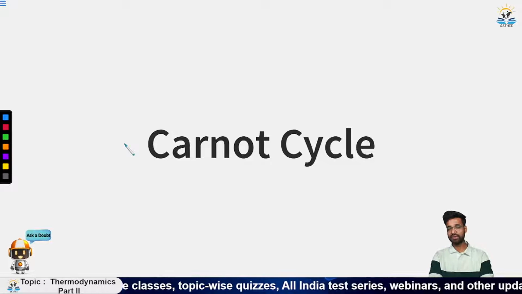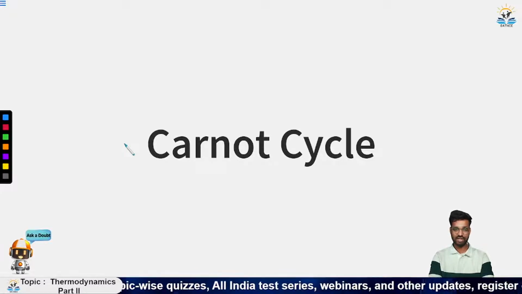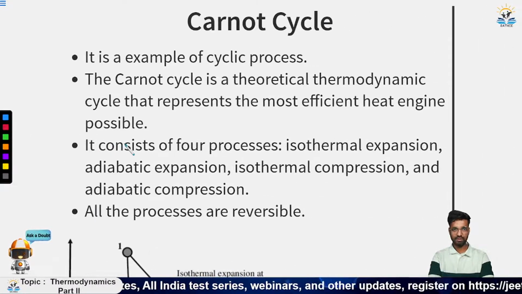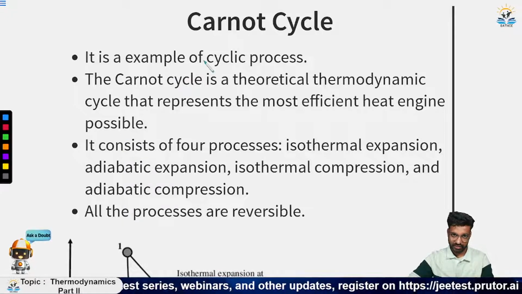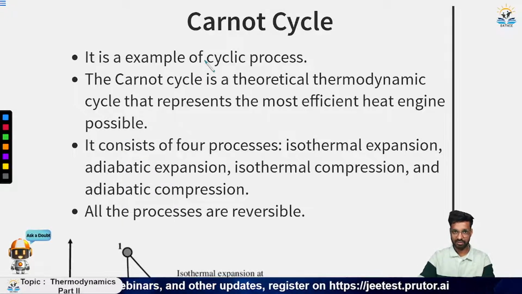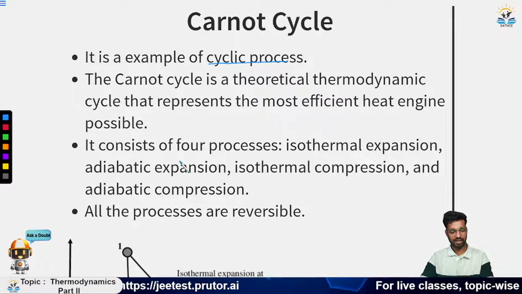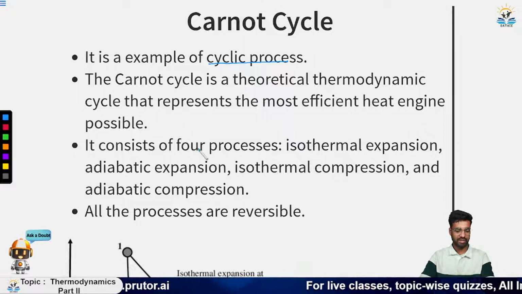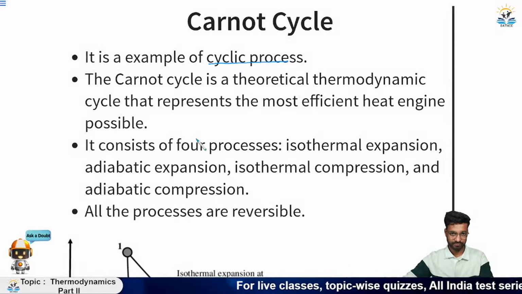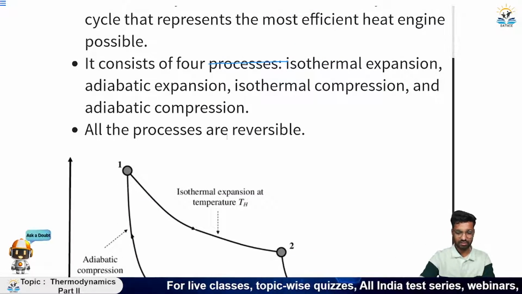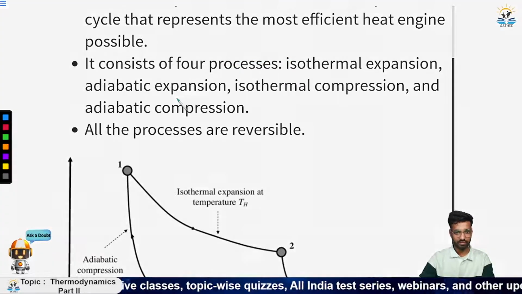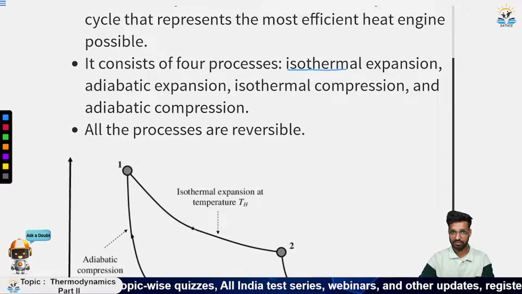Now we will take an example of a cyclic process which is called a Carnot cycle. It is an example of a cyclic process, of course. Now what does this Carnot cycle consist of? In this Carnot cycle, 4 steps are taken. What are those? First is the isothermal expansion.